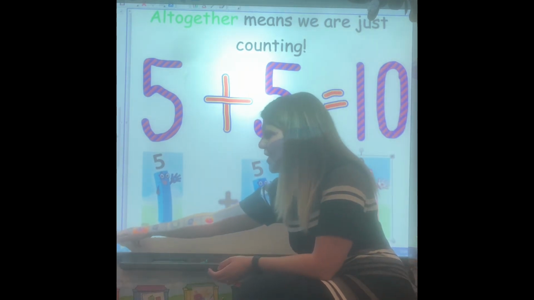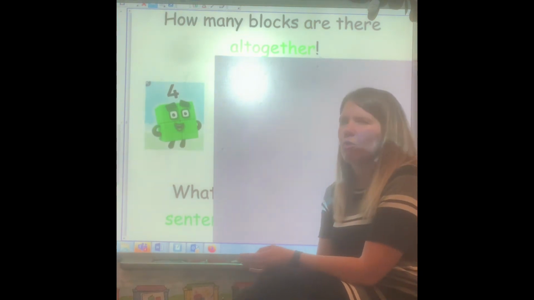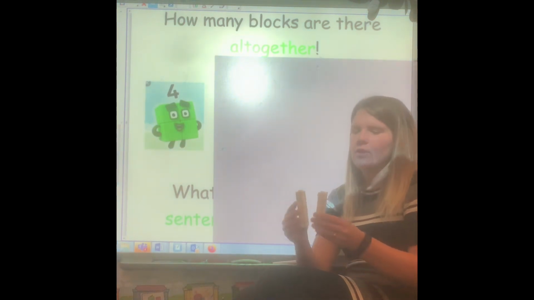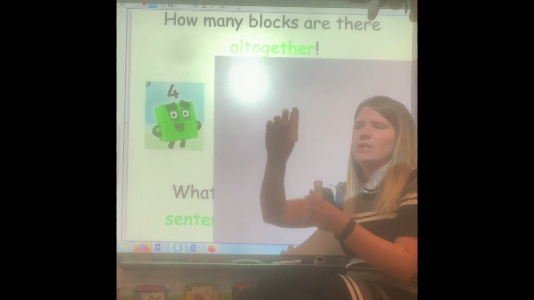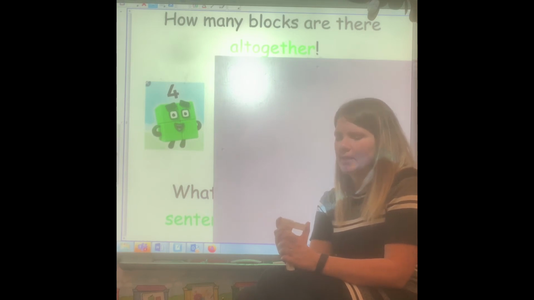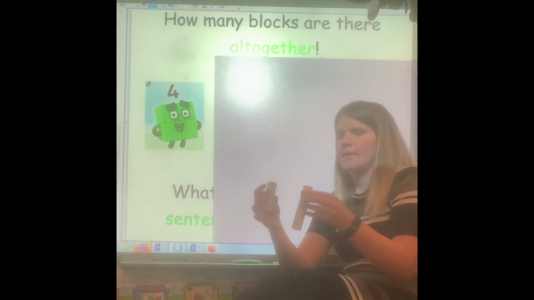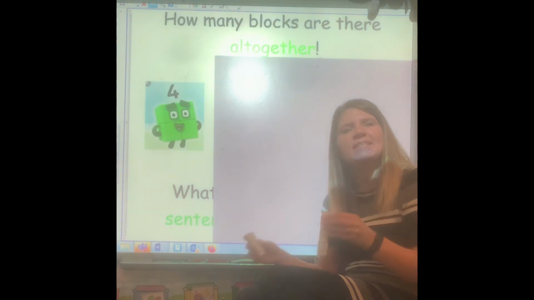Can you think of another sum that would give us the answer 10? I thought we could start with 4. So if I take 1 from my number block number 5, so here I've only got 4, and I put him onto this side instead, how many will I have? I've got 4 here. How many have I got here? Count them. 1, 2, 3, 4, 5, 6.